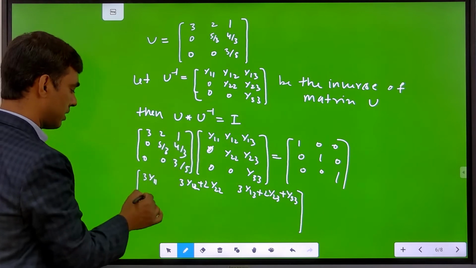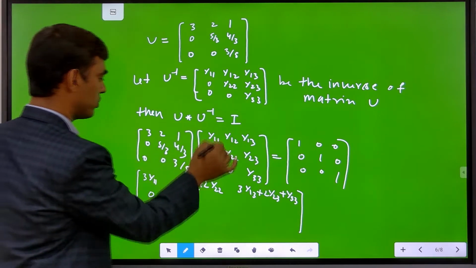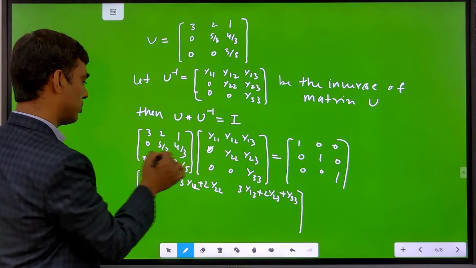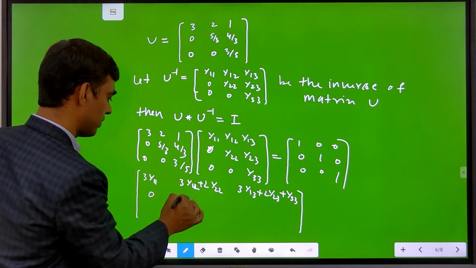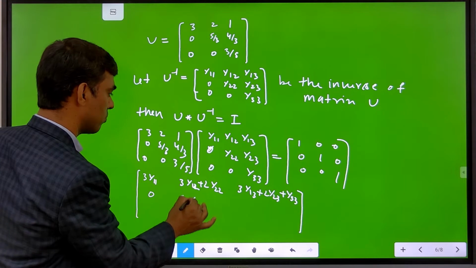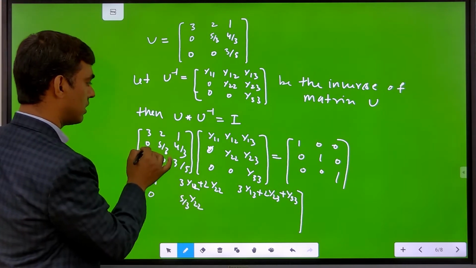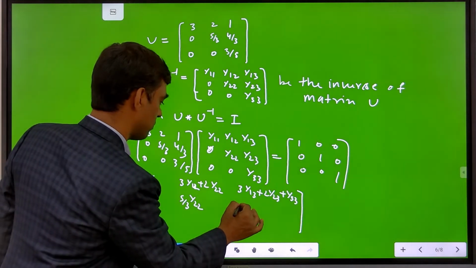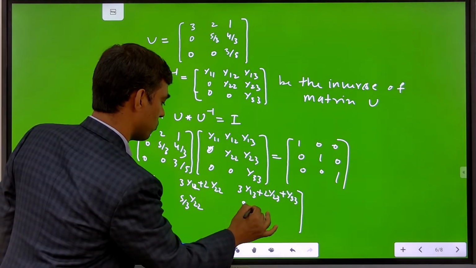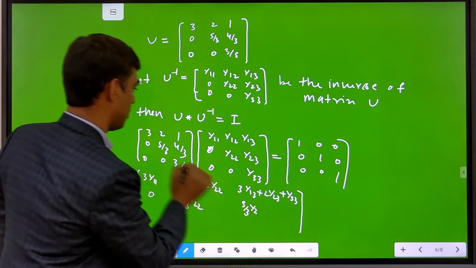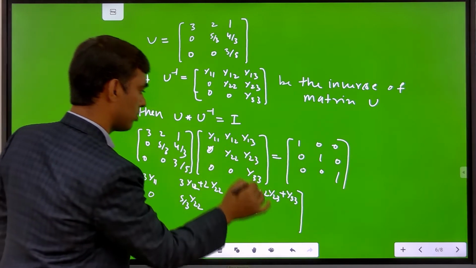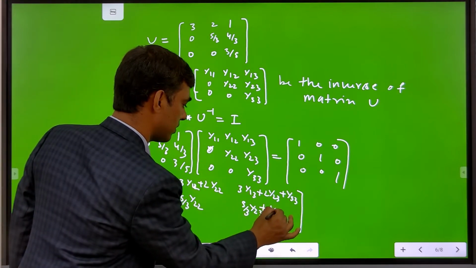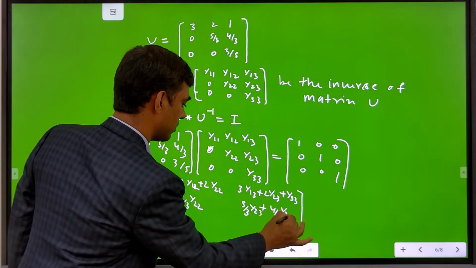Second row first column is 0. Second row second column: 0 into y12, plus 5/3 y22. Second row third column becomes 5/3 y23 plus 4/3 y33.